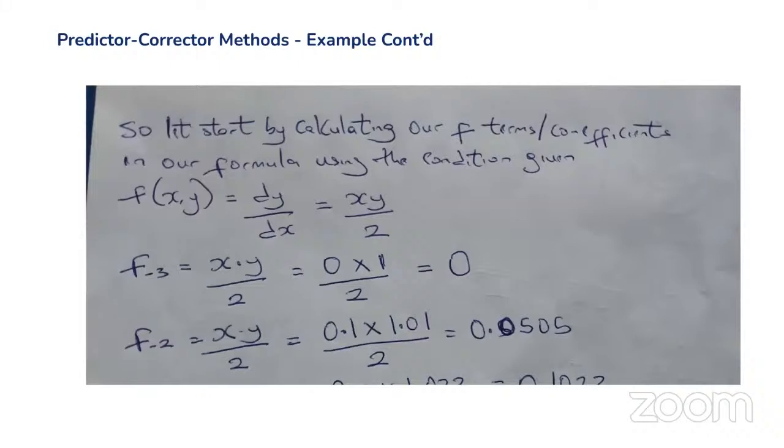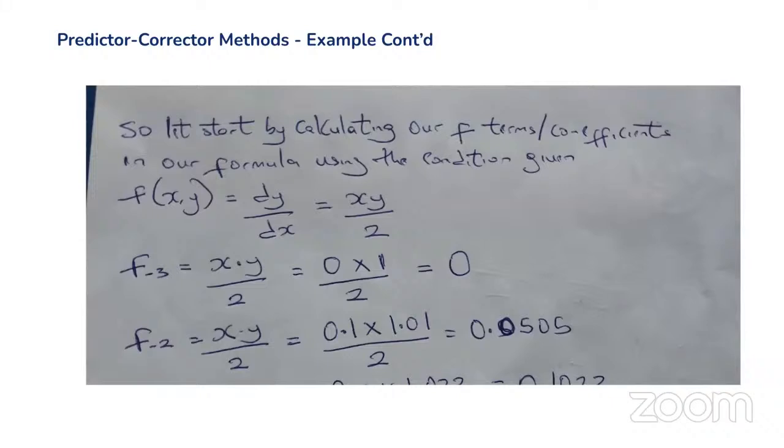Now, to get our f minus 3, we have to follow the condition given, which is f is a function of x, y, which is equal to x times y divided by 2. So to solve for your f minus 3, you're going to just insert the past value of x, that's x subscript minus 3, and y subscript minus 3, divided by 2.